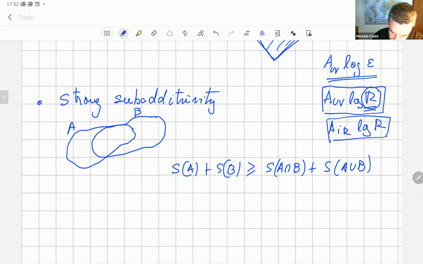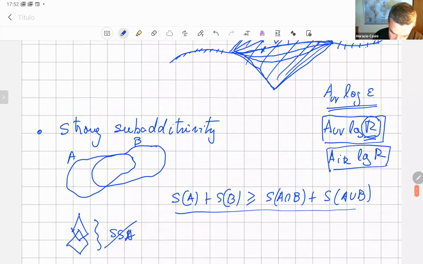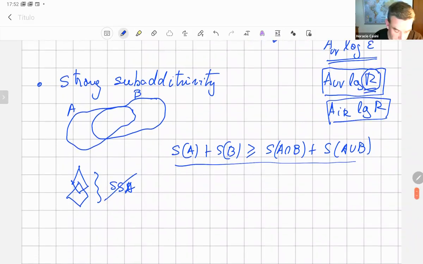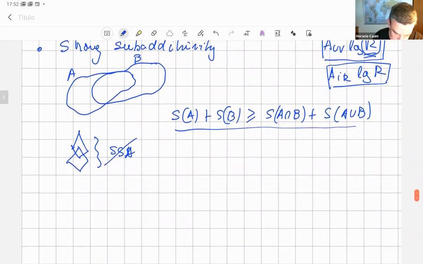It's important that you apply this only when these regions live in the same Cauchy surface. You cannot take two diamonds and apply strong subadditivity. It doesn't hold. So they have to live in a spatial Cauchy surface.